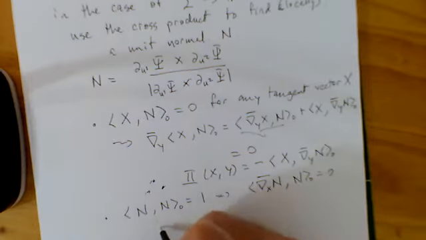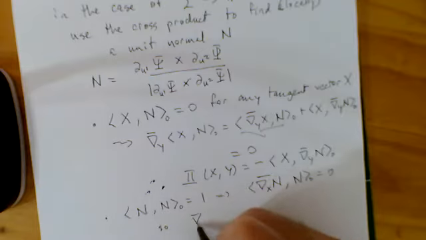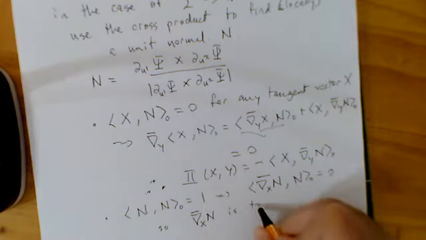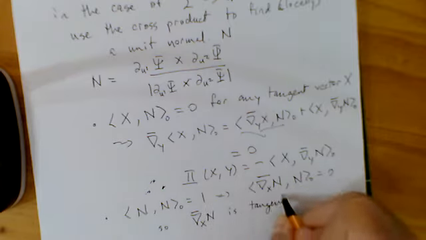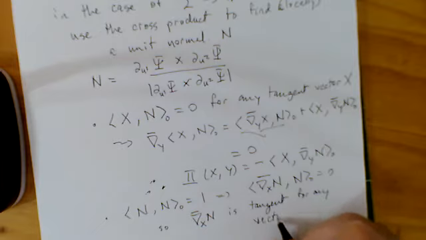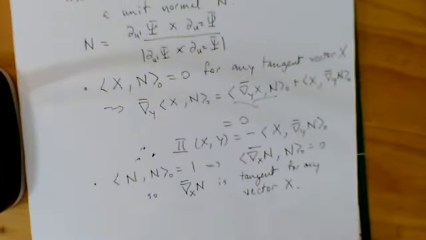And so in particular, I see that the derivative of the normal map must actually be tangent.